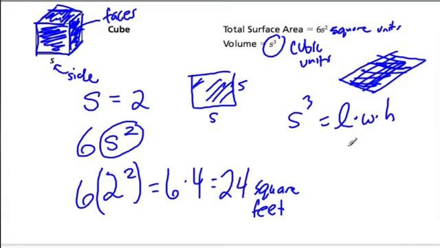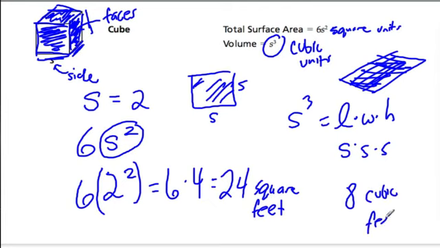But remember, the length is the side. Let's say this is the length right here. The width is also a side, and the height is a side. So it's really just a side times a side times a side. And that in this case is 2 times 2 times 2, which is 8, and let's say cubic feet. That's the idea of a cube, and you'll be given these formulas to work on.